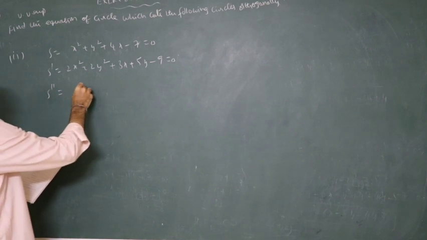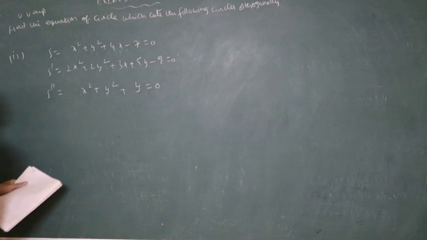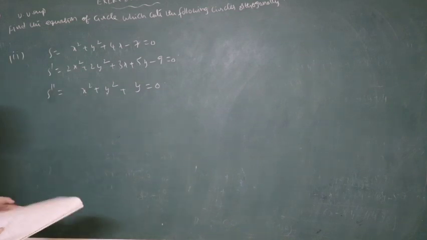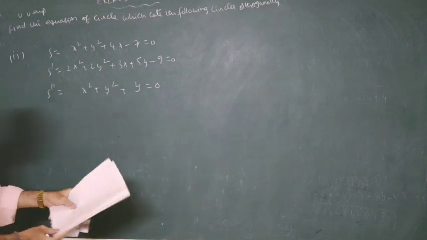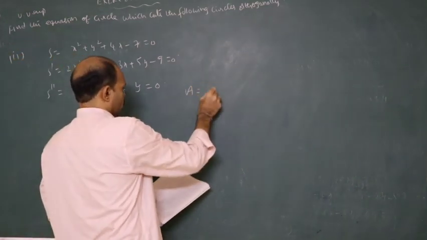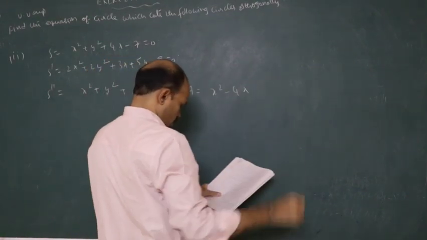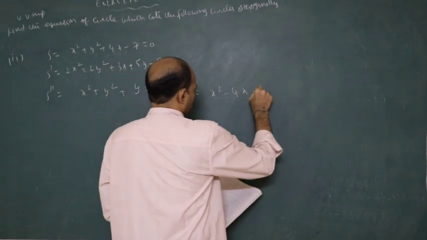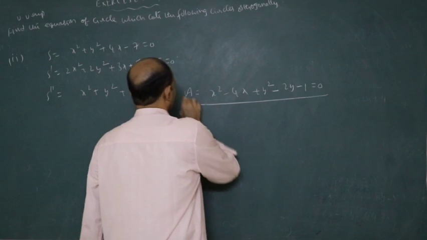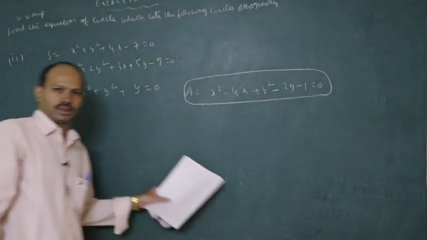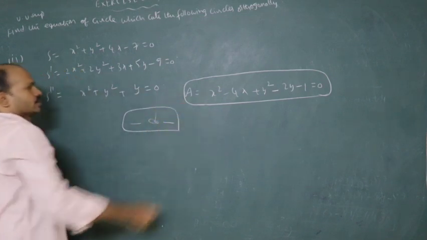And S double dash: x square plus y square plus y. Find the equation of the circle which intersects 1, 2, 3 orthogonally. I am giving the answer for this problem also. The answer you are going to get is x square minus 4x plus y square minus 2y minus 1 is equal to 0. I am not doing this solution, I am giving it as your classwork, you do it and check your answer.